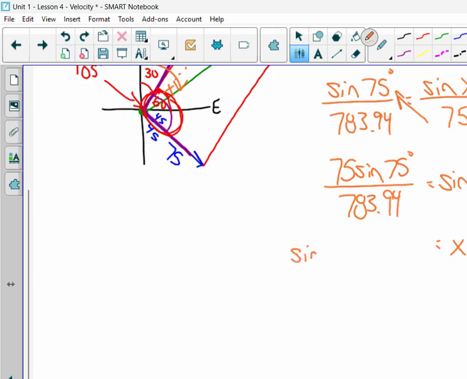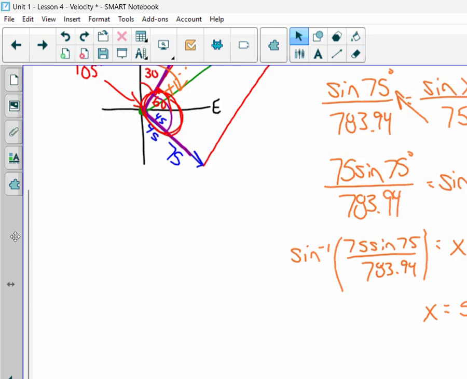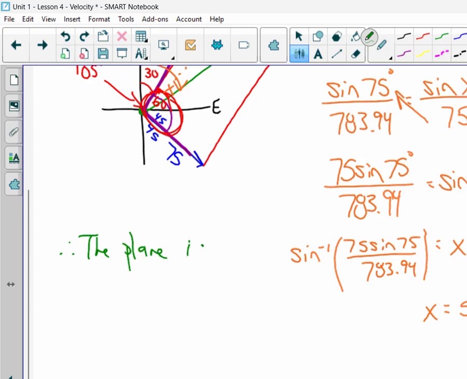So whatever this big, ugly, messy number happens to be, you can let your calculator do the work for you if you want to. Just figure out what that number is. And you should get 5.3 degrees. Okay, so therefore, the plane is traveling.